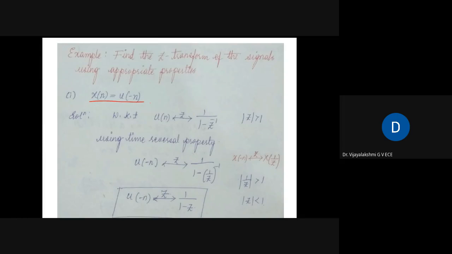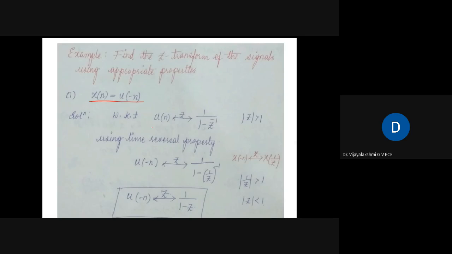Now you can think: to find the Z transform of u of minus n, which property can be used? Let me explain this problem, and after that it will become easy for you. I'll start with u of n because the signal given is a step signal.